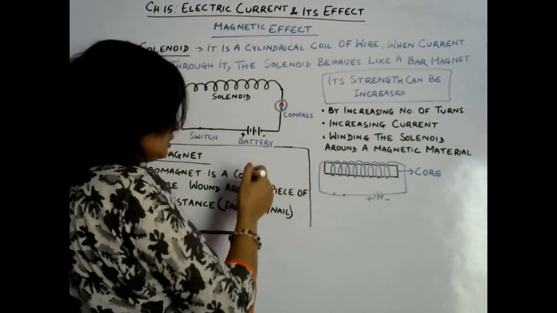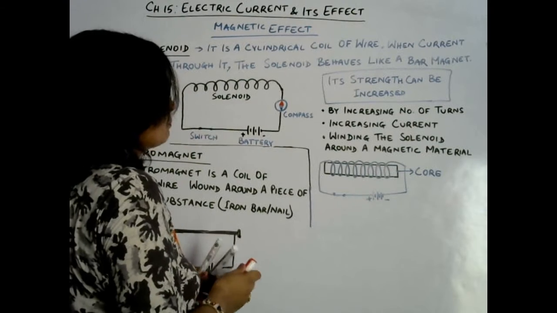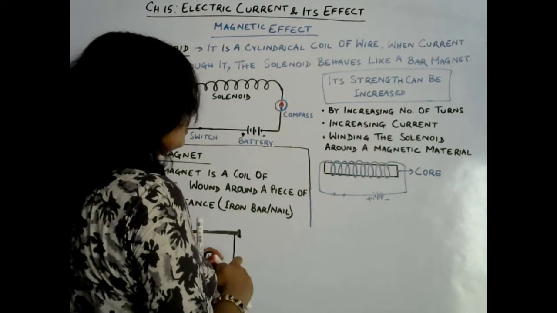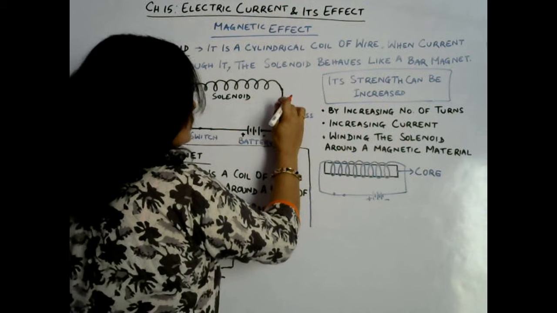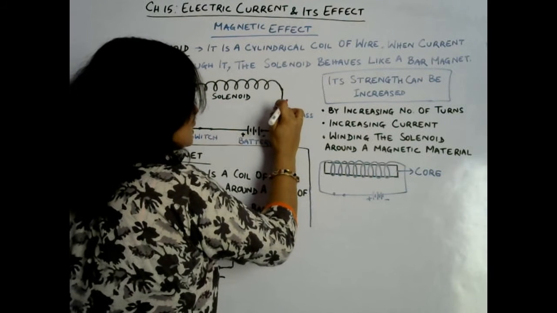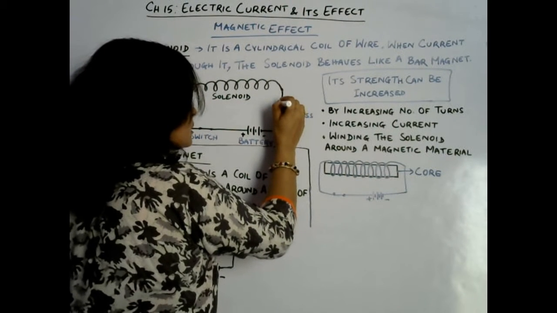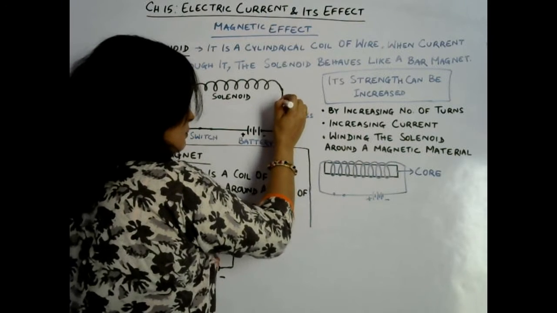In that case the compass needle will show deflection, and this deflection can be seen in this way, as we discussed in the previous episode.